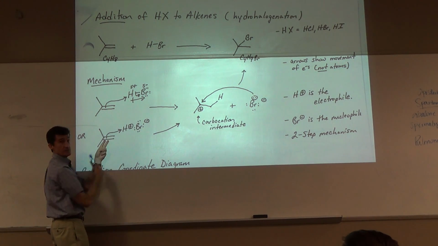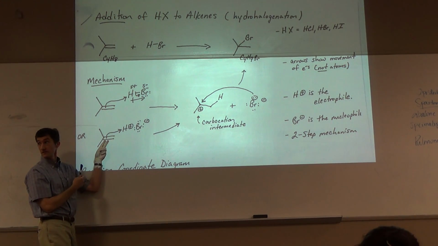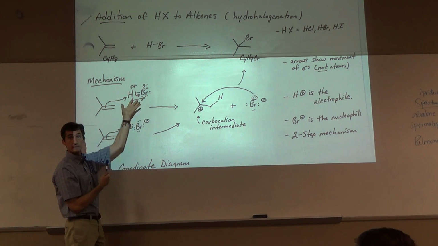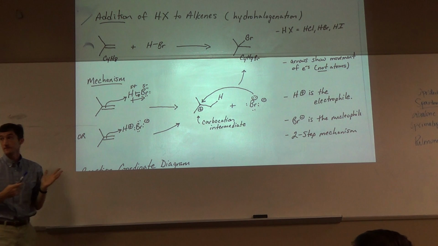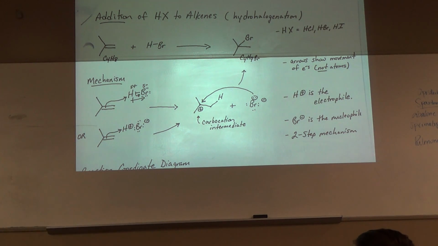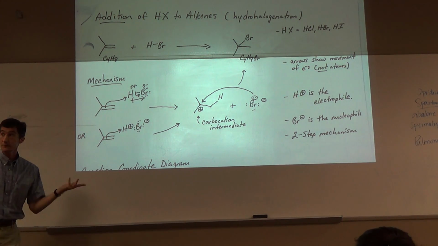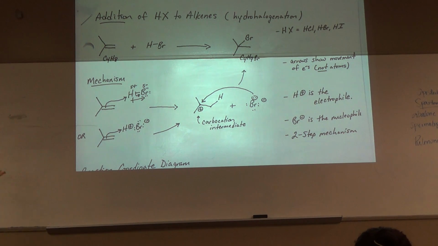What's positive about HBr? Is it the Br? No, the Br is either minus or partial minus, depending on how you show it. What's the positive part? H plus, or the dipole with the partial plus H, either way. If you simplify your reactions, usually you're looking for a minus and a plus to come together.